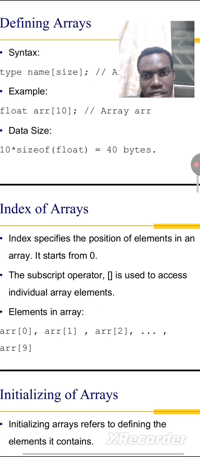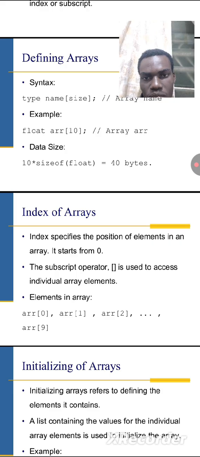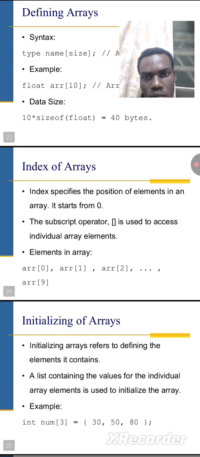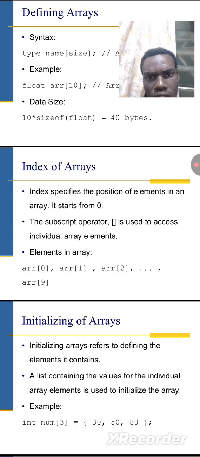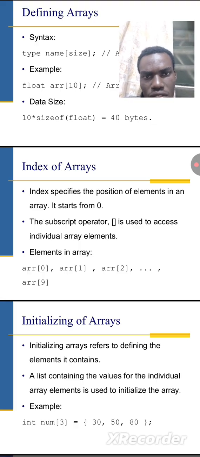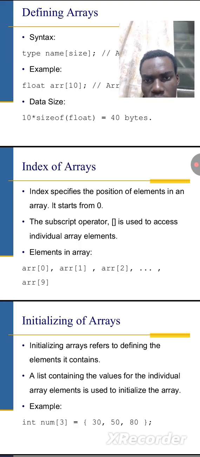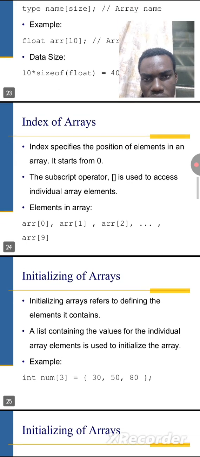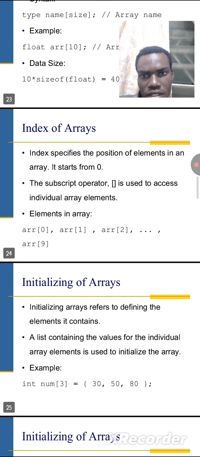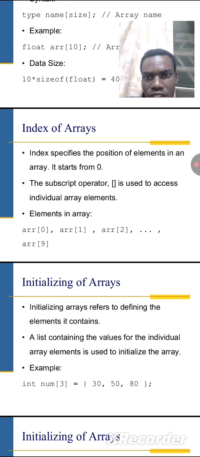So that's what this statement is trying to tell us, that it starts from 0. The subscript operator is used to access individual array elements. So you can see we have 0, 1 till 9, making 10.